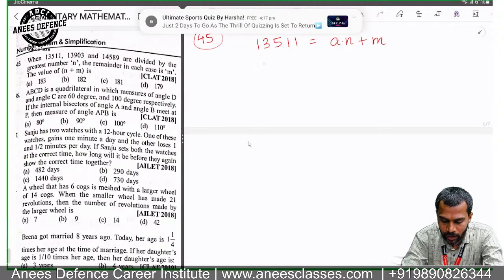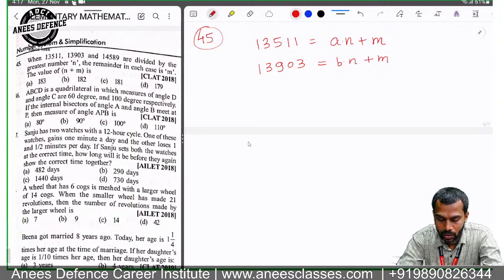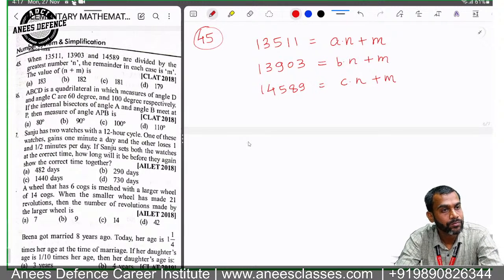Now, similarly, can I write 13903 is equal to bn plus m, some other number. Now, similarly, 14589 is equal to cn plus m. Yes or no?